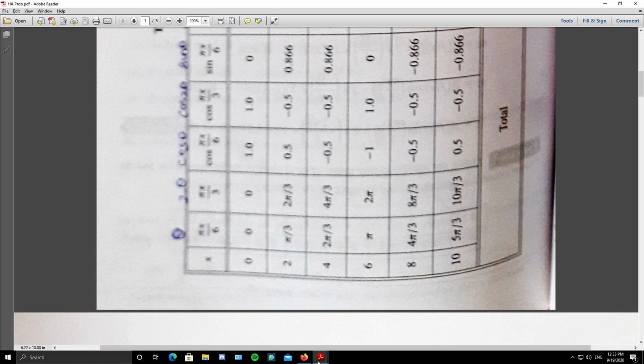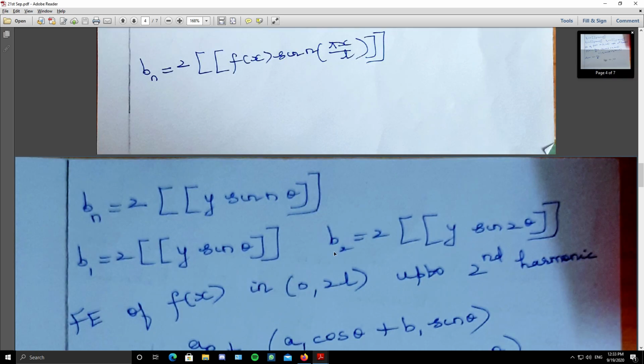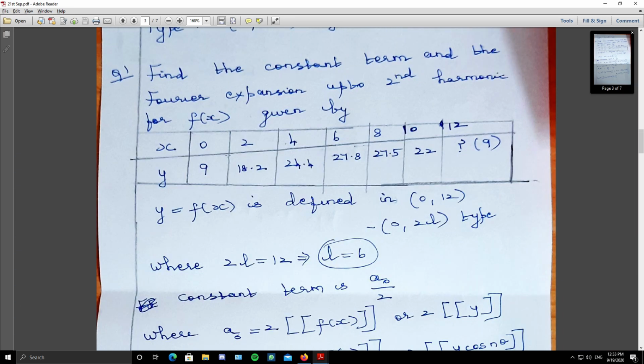I told you in the table you should include only one of the endpoints. If you are including 0, you should exclude 12. Whenever you form the table, include only one of the endpoints. Don't include both. Either include 0 or 12.